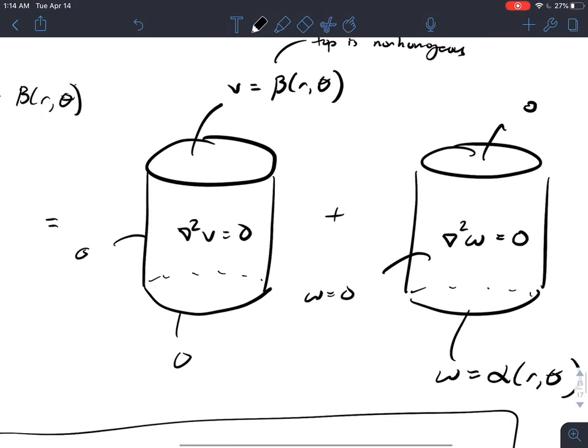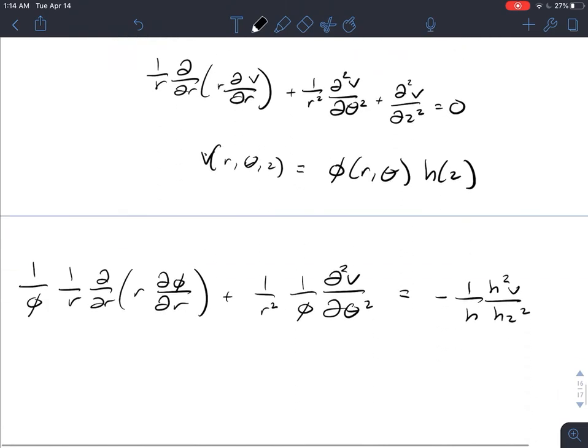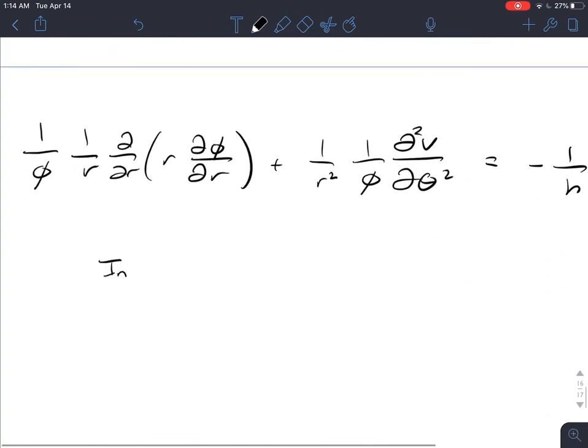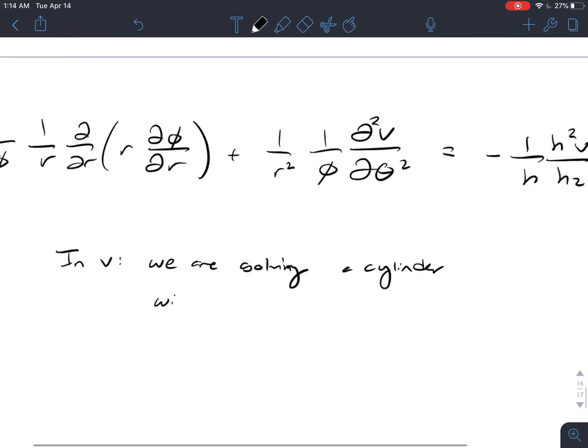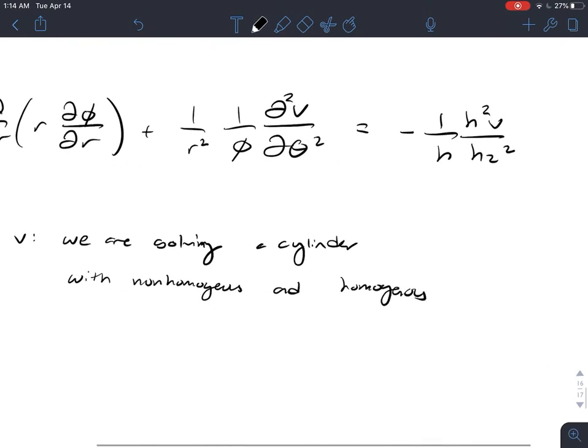So what this is essentially, this type of cylinder problem that we're doing in v, let's take a note here: in v, we are solving a cylinder with non-homogeneous top and homogeneous lateral side.